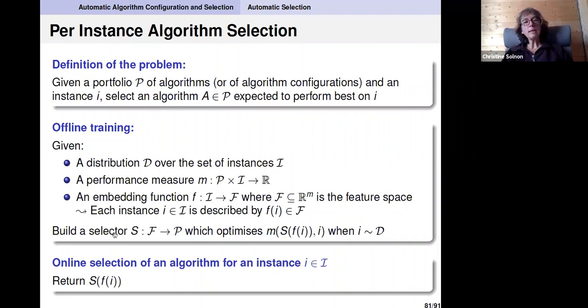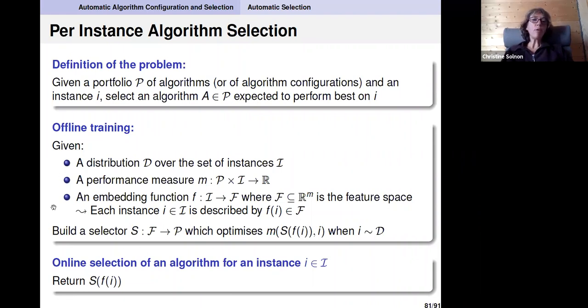And then the goal is to build a model, which is called a selector, that, given a vector of features, selects the algorithm of the portfolio which optimizes the measure when I use this selector, the algorithm selected on my instance.